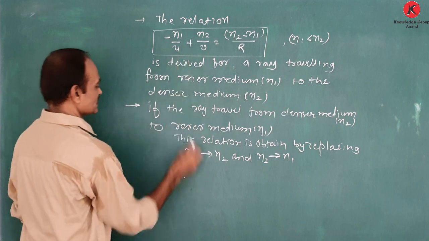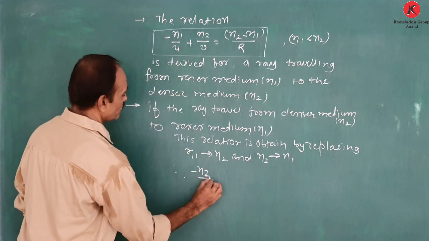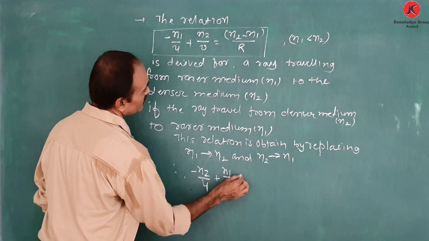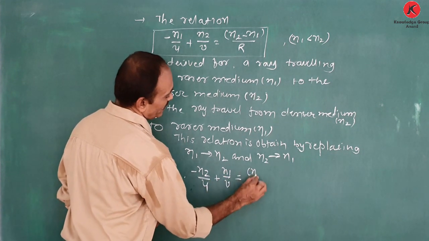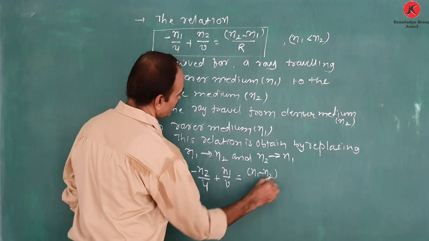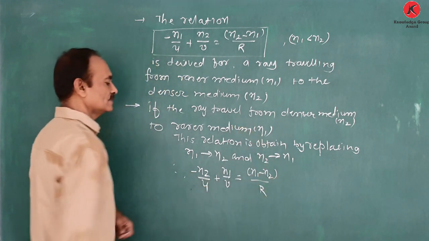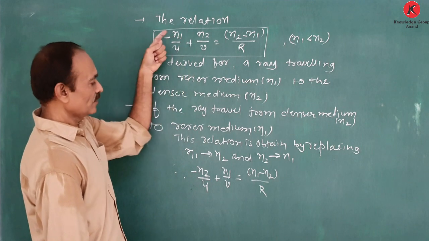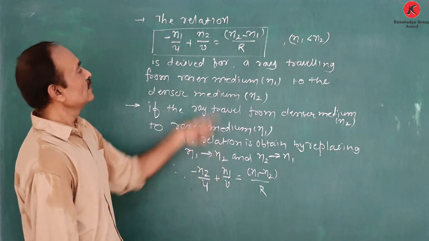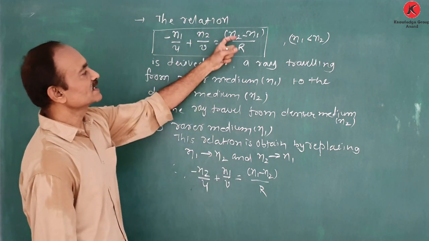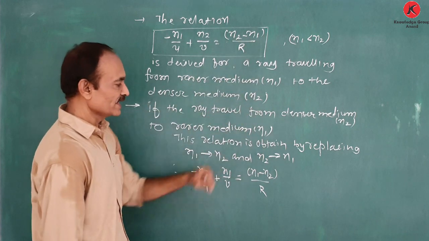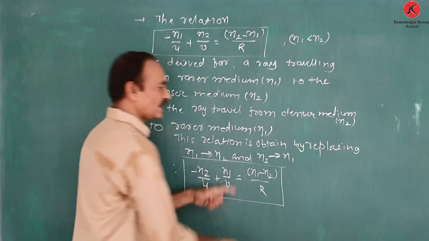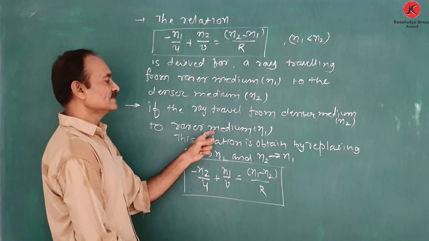Therefore, our equation is minus n2 upon u plus n1 upon v is equal to n1 minus n2 upon R. This relation is for the ray traveling from the denser to the rarer medium.